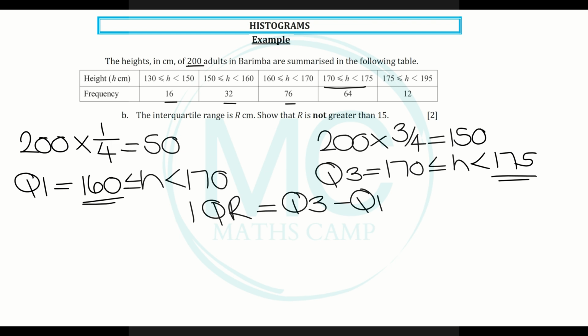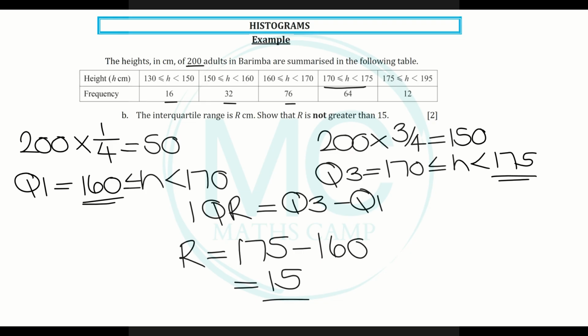So now, in this case, I can say that R is equal to 175 minus 160, which is equal to 15. R is equal to 15. It is not greater than 15. So this is my final answer.